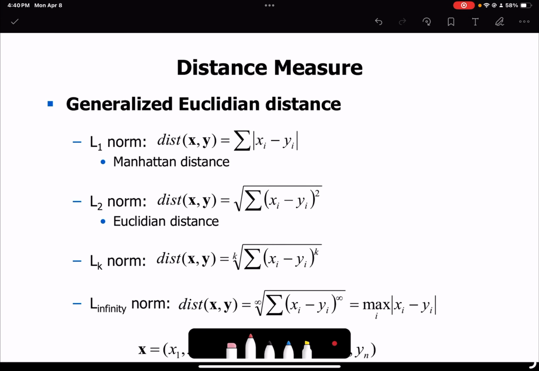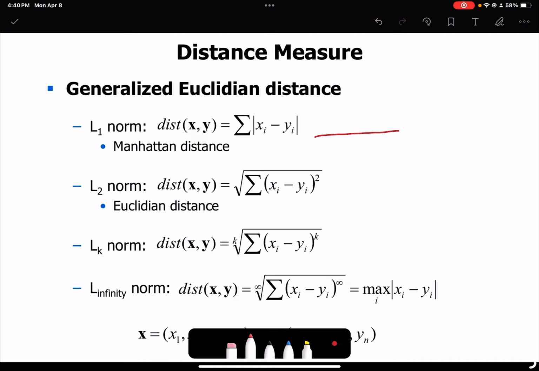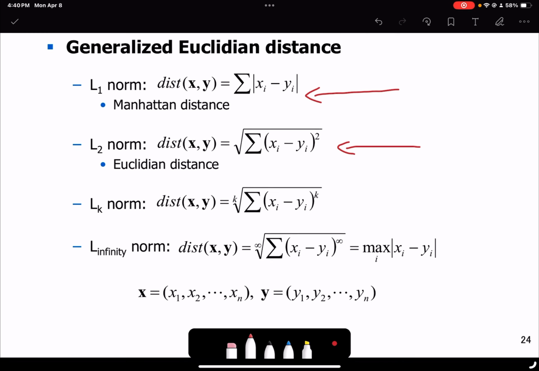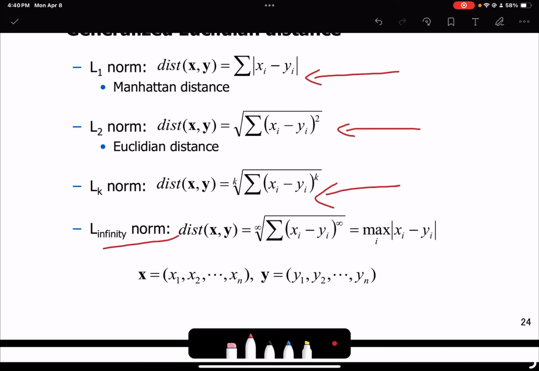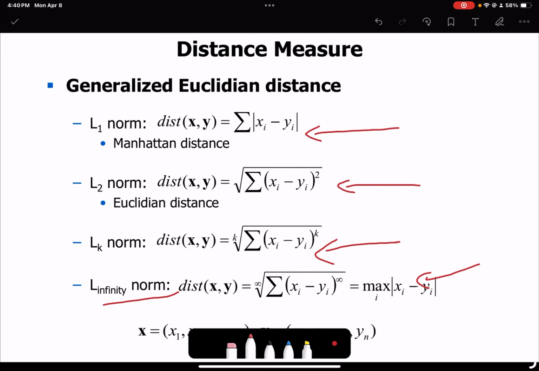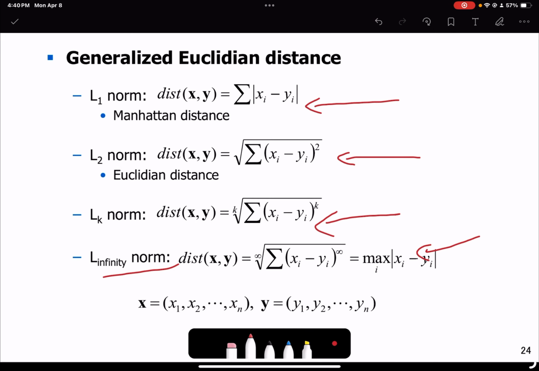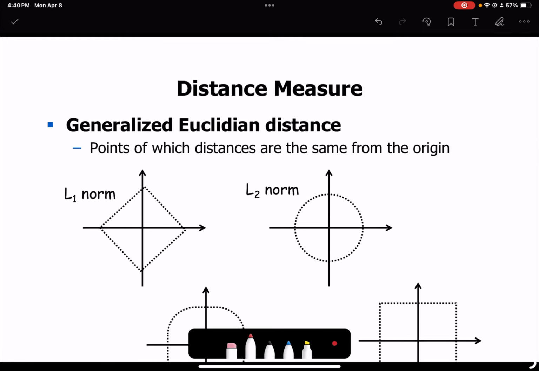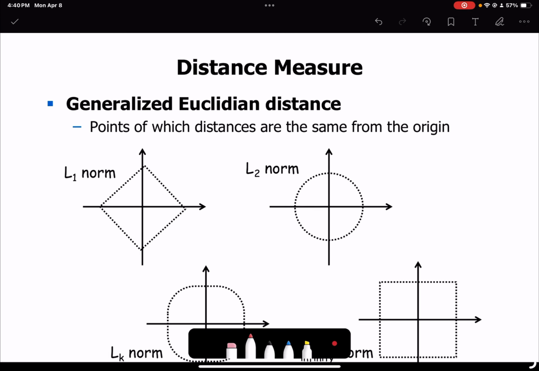Some of the distance measures we are familiar with: we have the Manhattan distance, which takes the absolute value, the Euclidean distance, which is the L2 norm, then we have the LK norm, that is the Minkowski distance, and then the L infinity norm. Different distance measures can be applied to find the distance between any two points, or one point and all the other points in the data set.